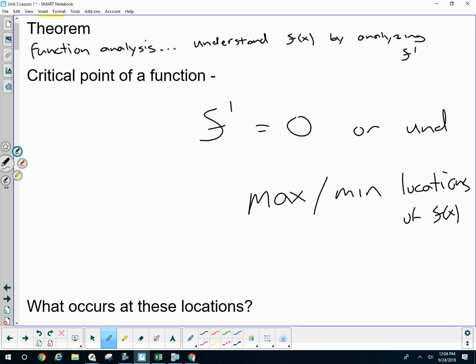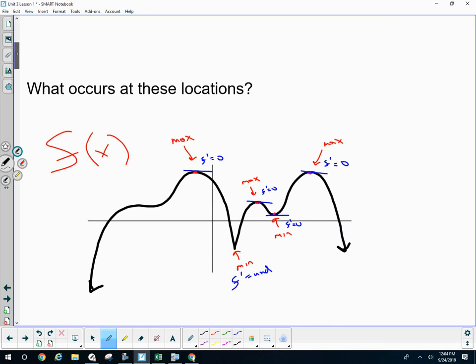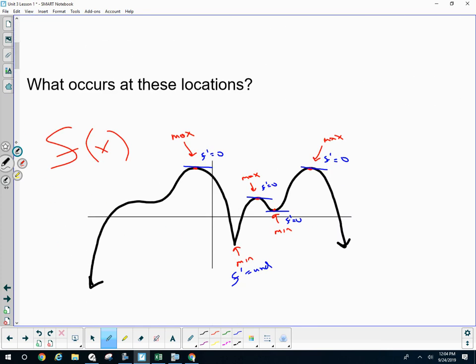Turns out there is a location on the graph of f where I don't have a max or a min, but I have a tangent slope equal to 0. If we look a little carefully, it might not be obvious. Right here, my tangent slope is 0. However, at this location, I do not call that a max or a min because I go up, I flatten out, but then I keep going up. So I say it's not a max or a min.